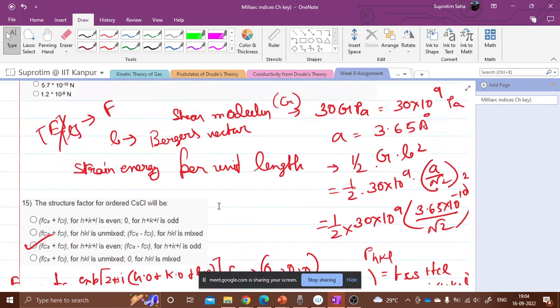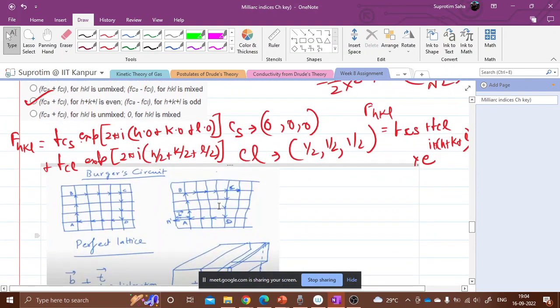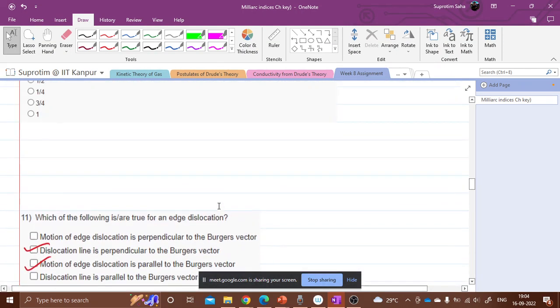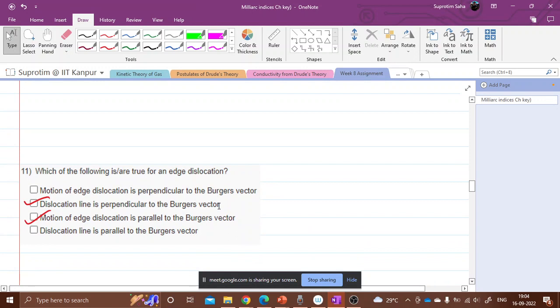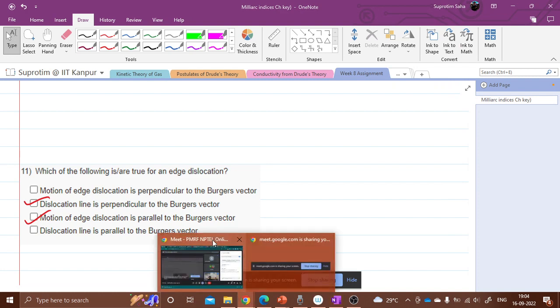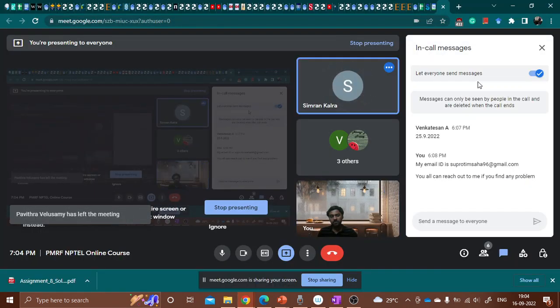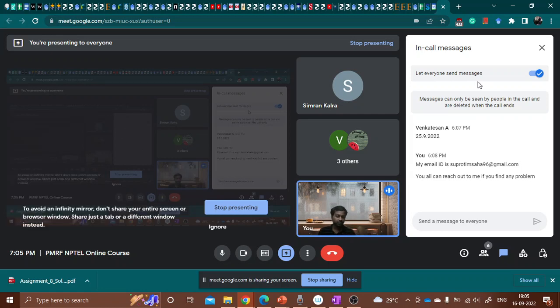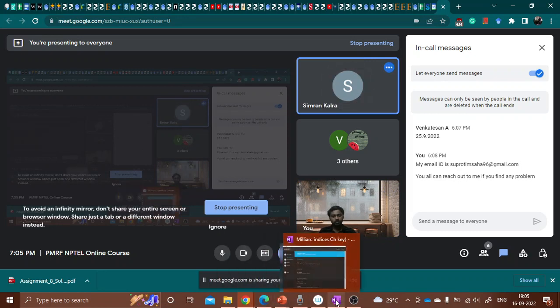So the Burgers vector is along your strain direction. So the option that motion of edge dislocation is parallel to the Burgers vector would be correct. Is that okay, Simran? You are getting it right. You don't have to say yes to everything, but if you are facing any problem, okay, fine.